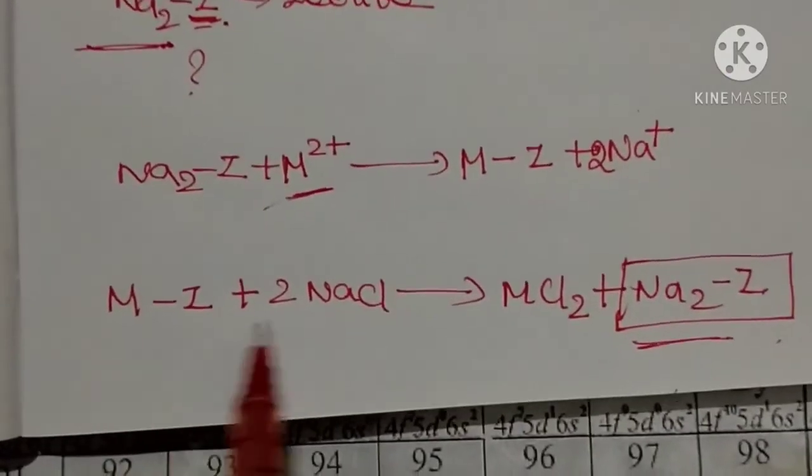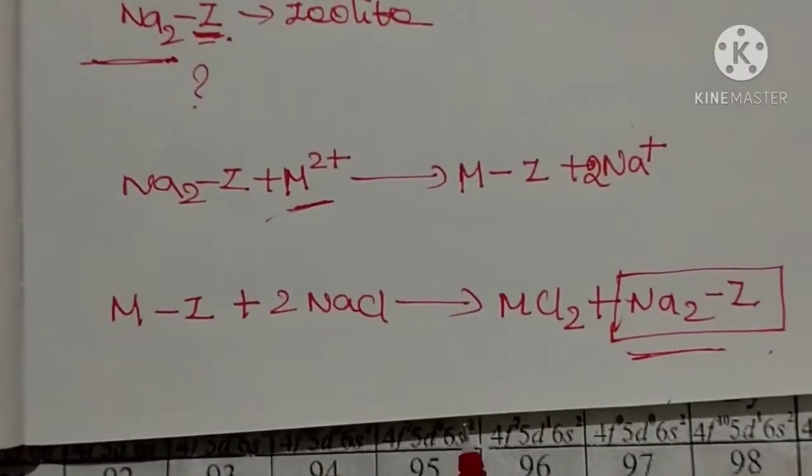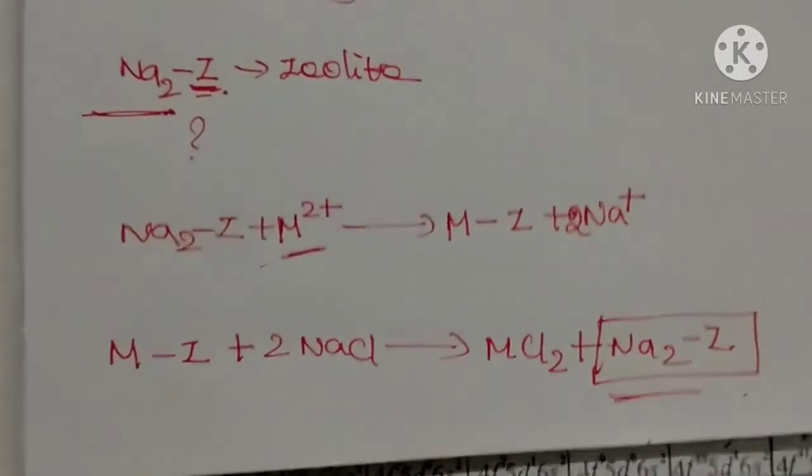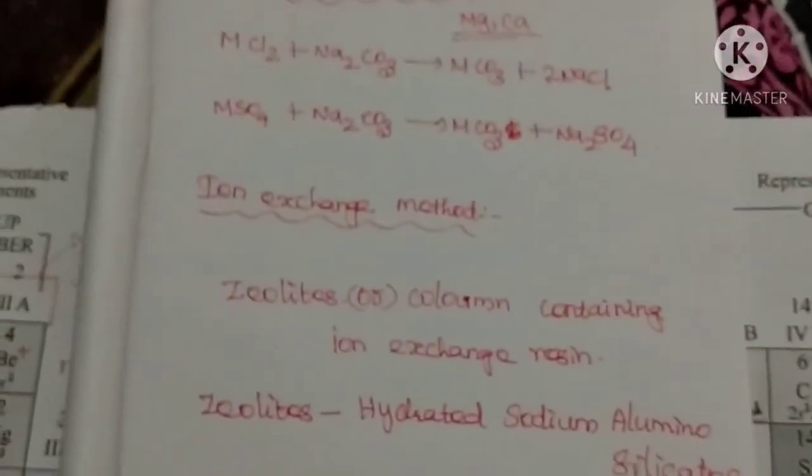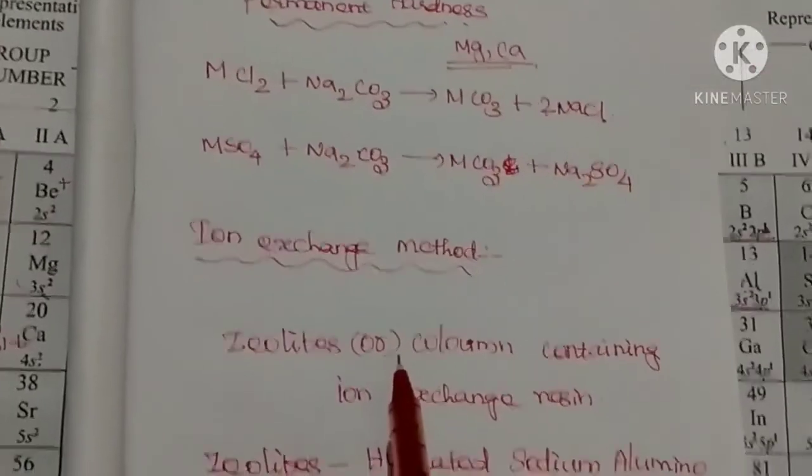So hydrated sodium aluminosilicate is obtained by treating this metal zeolite with sodium chloride solution.